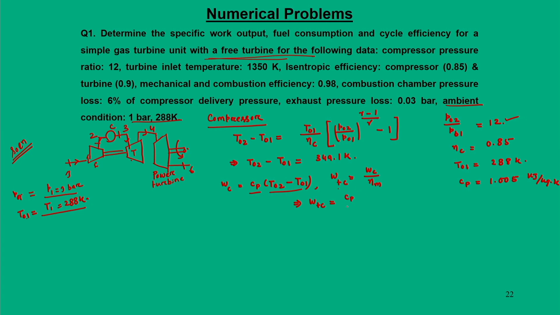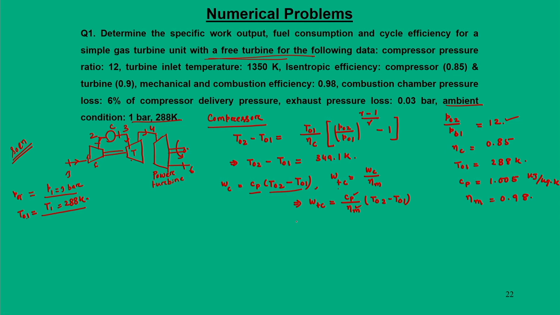Cp by eta m into T02 minus T01. We all know Cp, and we know the mechanical efficiency as 0.98.